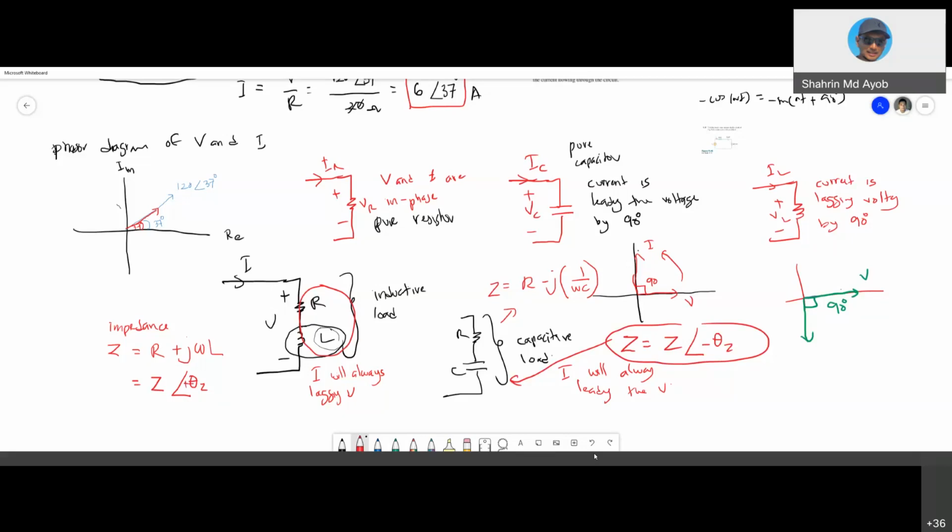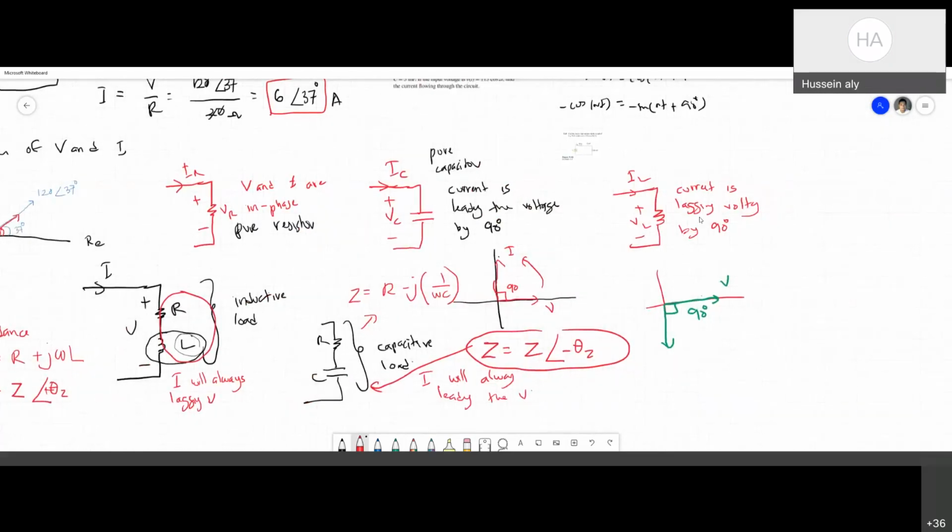Doctor, for the inductor, you said that the current is lagging the voltage by 90 degrees, right? Sorry? You mean for pure inductor? Yes, pure inductor. For pure inductor, yes, the current is lagging. Doctor, do we calculate the angle anti-clockwise or clockwise?